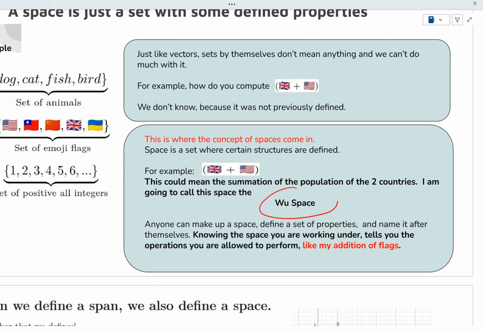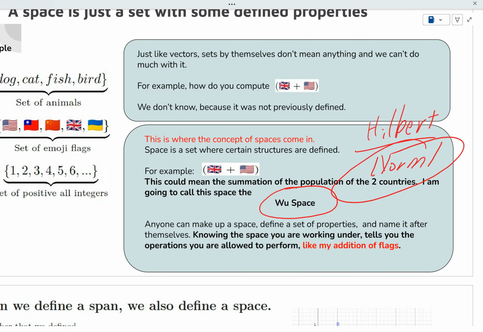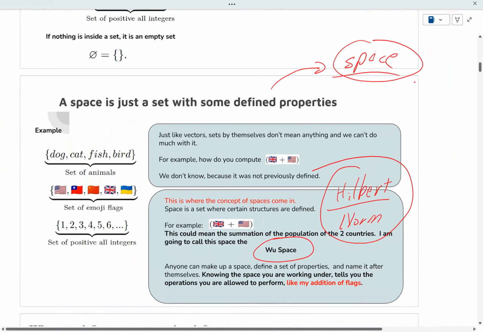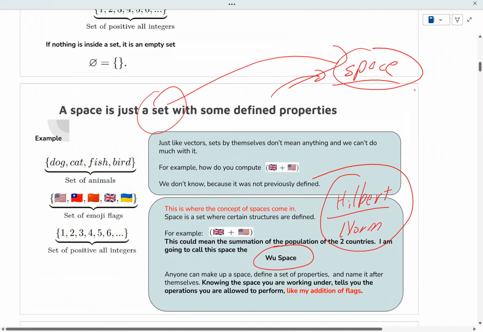Now, there are many different kinds of spaces, like Hilbert space, norm space. Depending on the space, we know exactly how the elements inside the set interact with each other, because by definition, in this space, that's how things operate. So that's the difference between a set and a space.